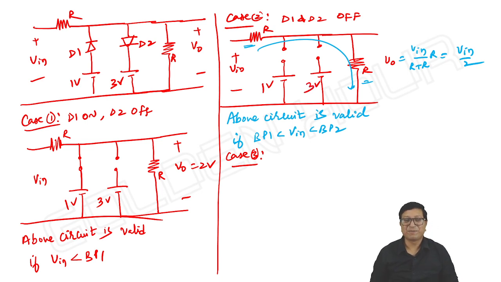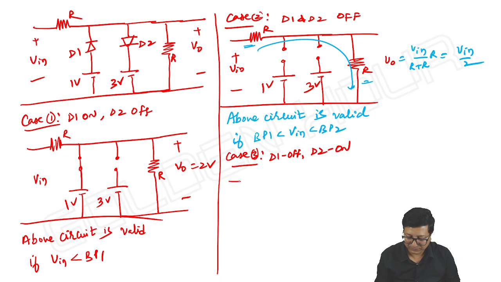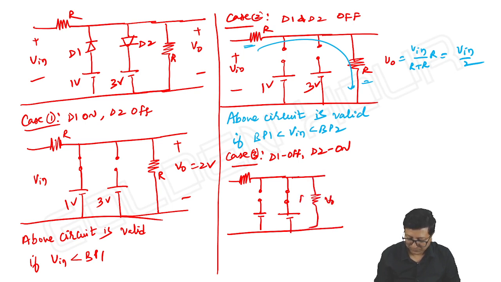Okay. Anyway, I am not writing the breakpoint values. Right. Procedure remains the same. So D1 is off and D2 is on. How about the equivalent circuit? What is output?